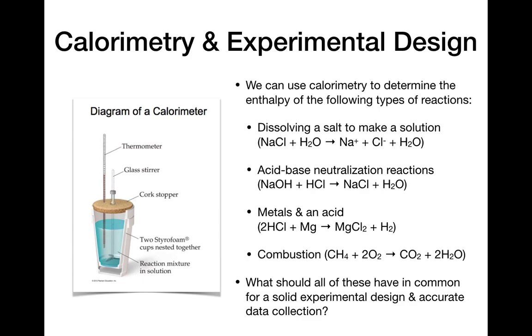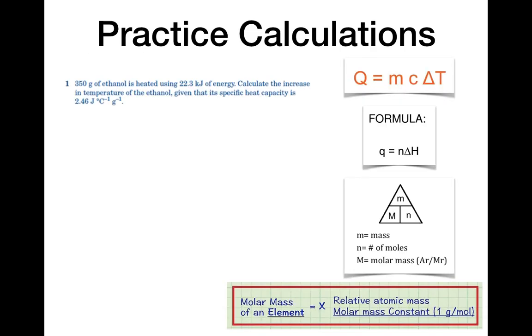You want to be able to stir it without losing heat or adding heat. And you want to try to trap all of the products of your reaction. So for example, with metals and acid, you're going to produce hydrogen gas. You don't want to lose that. You want to try and keep it all contained, as close to a closed system as possible.